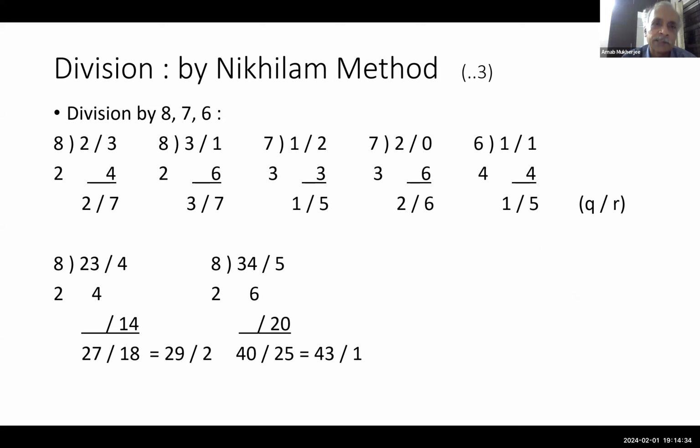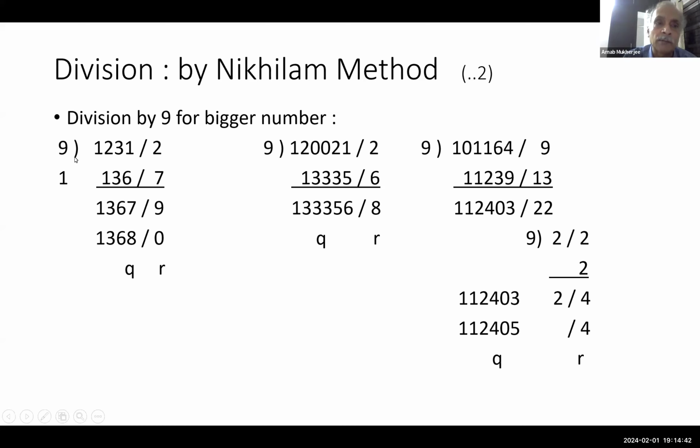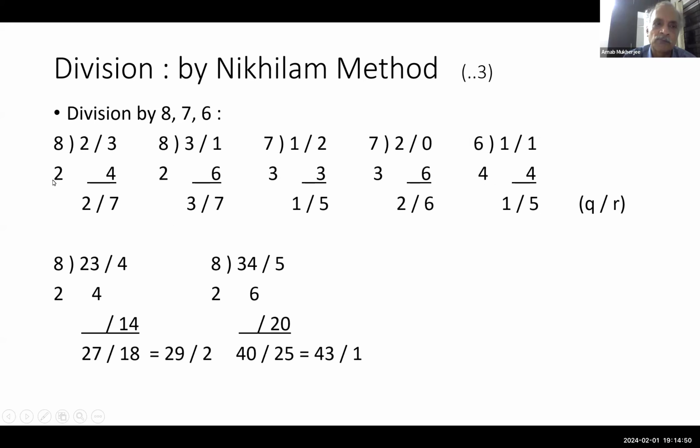So these are the special cases where normally we find this always 9 tables. To avoid 9 tables, we use 1. When the divisor is nearing a power of 10, making tables with that divisor becomes difficult.